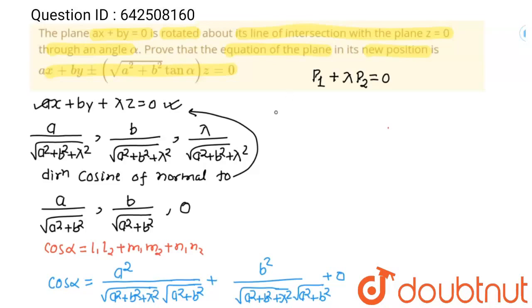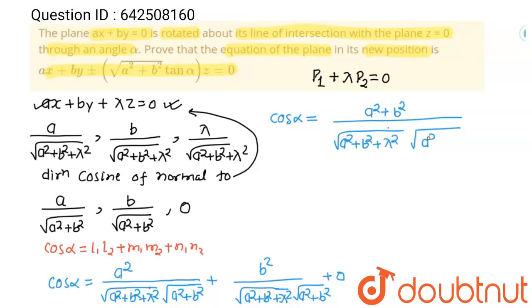So from here we can write cos alpha equals, the denominator is the same, so the numerator will be a square plus b square, and the denominator will be root under a square plus b square plus lambda square and a square plus b square.